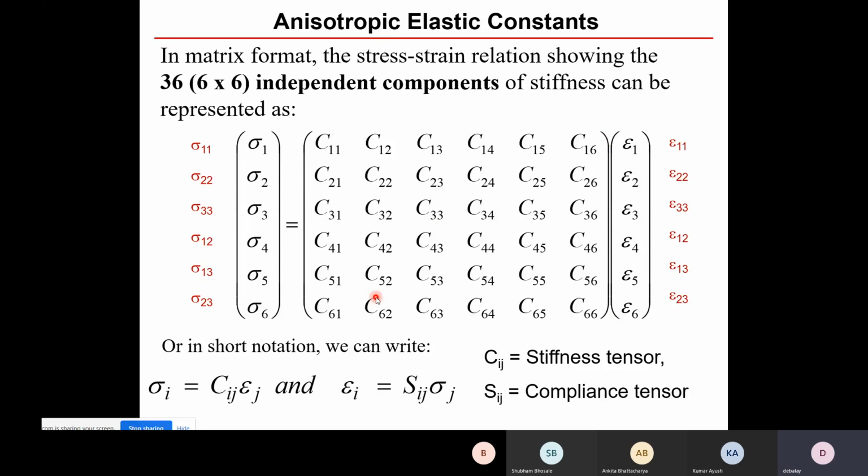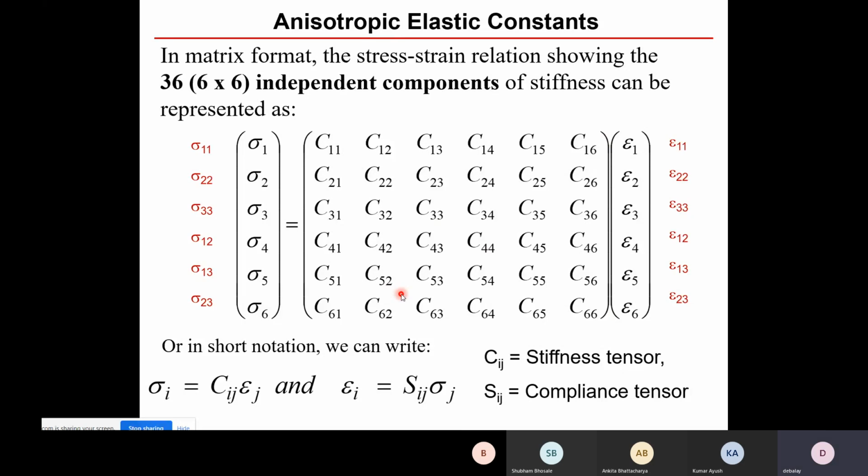So basically 15 plus 6 equal to 21 stiffness constants is the maximum requirement. And when do you need to know so many stiffness constants to relate the stress tensor and strain tensor?